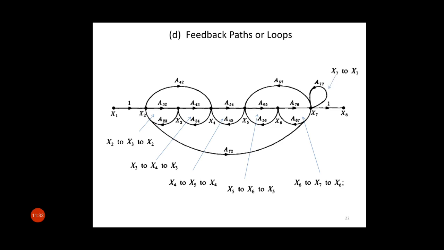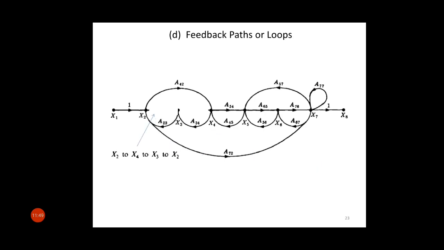And this is the sixth loop, or self loop. It starts from x7 and ends at x7, so this is called a self loop. This is our seventh loop: it starts from x2 to x4 to x3 and back again to x2.